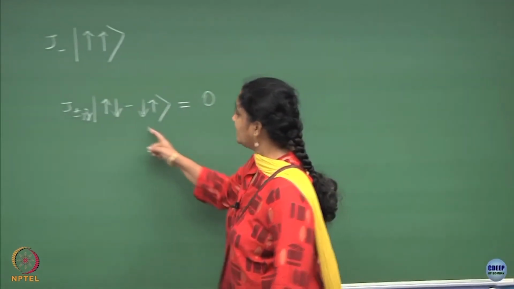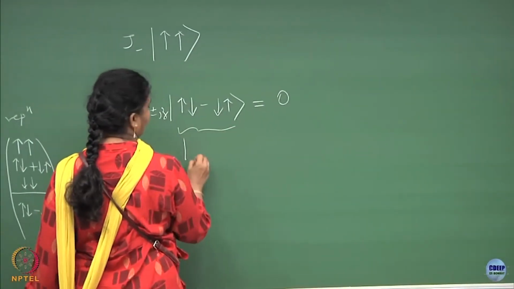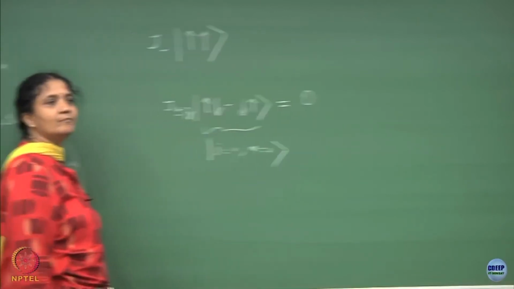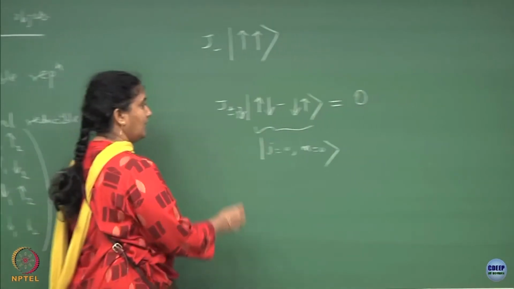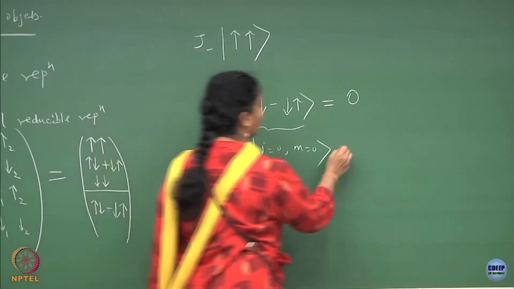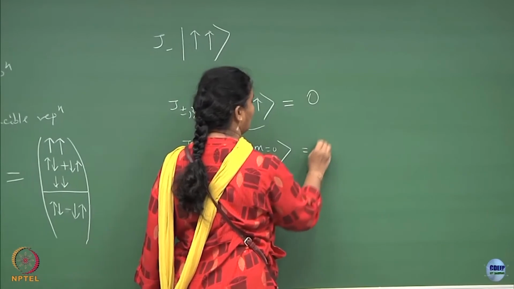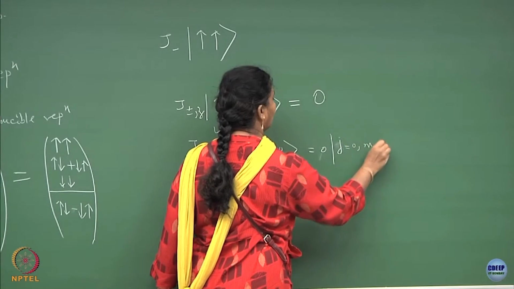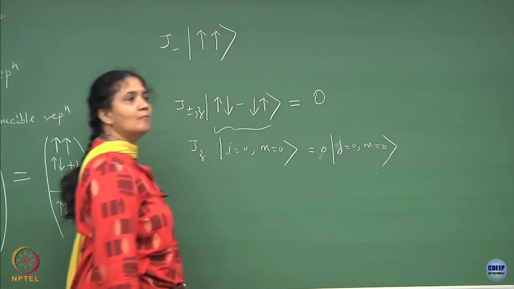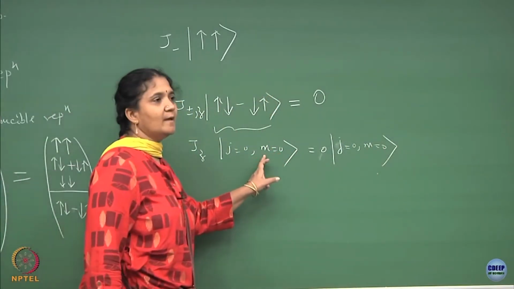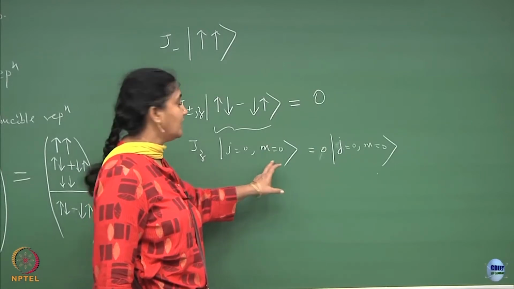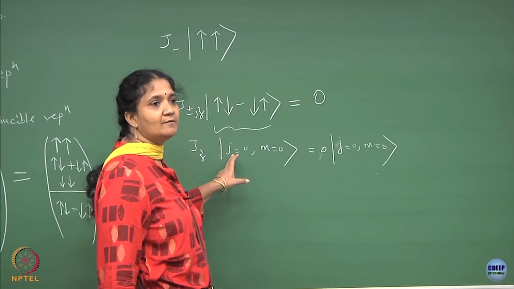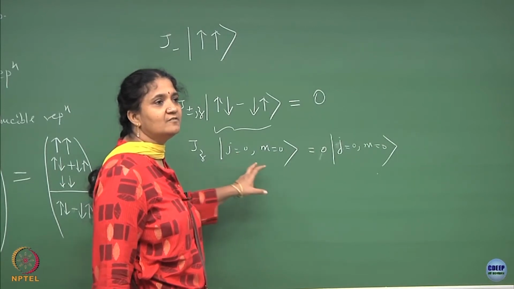This representation can be written as j equal to 0, m equal to 0. So, jz will give you m which is 0 times j equal to 0, m equal to 0. A ladder operator is supposed to take m to plus or minus 1, but it cannot exceed 0.